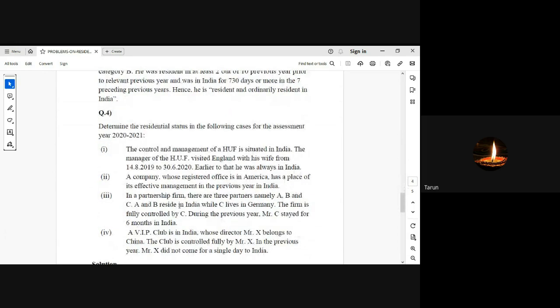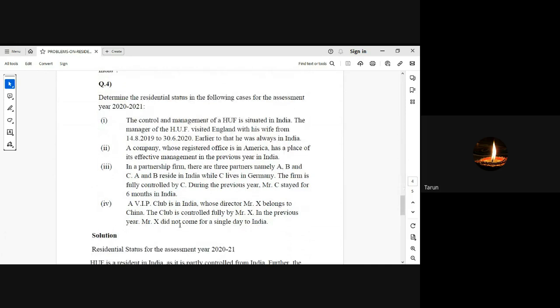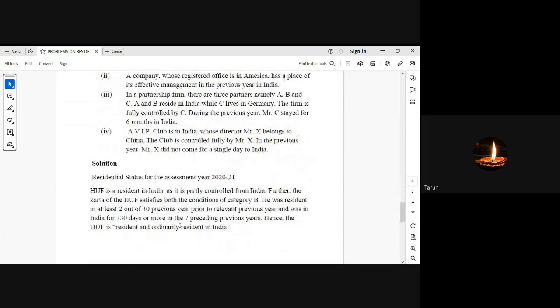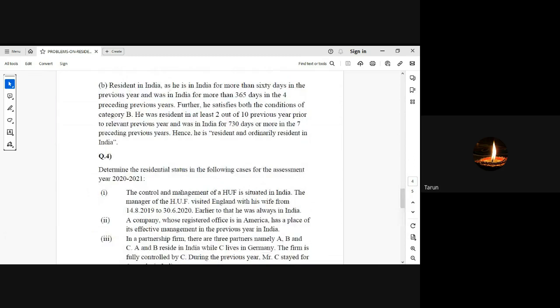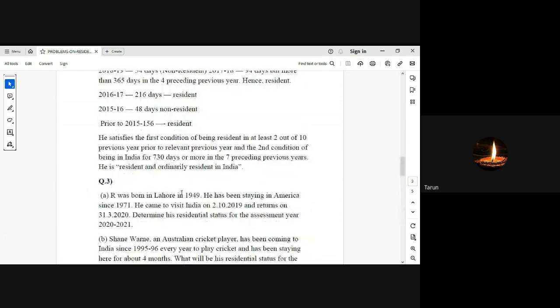Always remember, before you determine the status, first determine the number of days and then apply the rule.